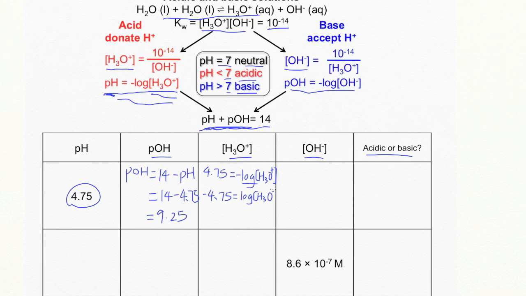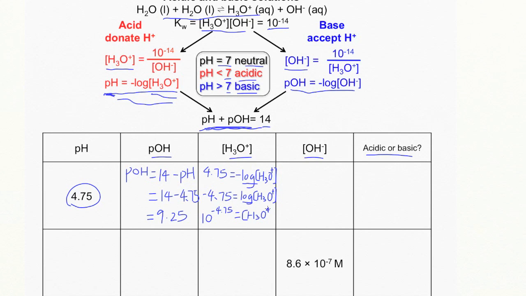All right, so now remember how we get rid of logarithm sign? You raise the two sides to the exponent position of 10. We are talking about the normal logarithm here, so the base is 10. So 10 to the negative 4.75 equals the concentration of hydronium.